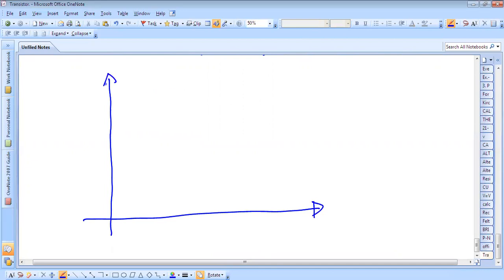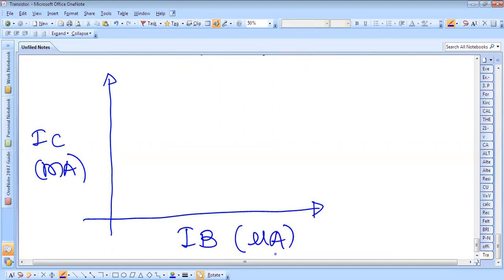Here it is again the collector current, which is in milliampere, and here it is the base current, which is in microampere. If you take the readings, this is almost proportional.